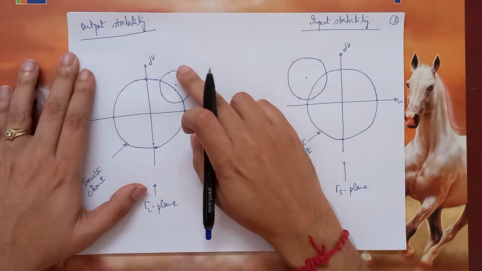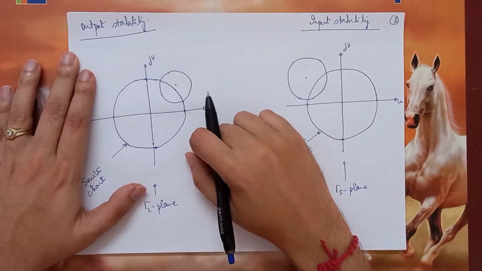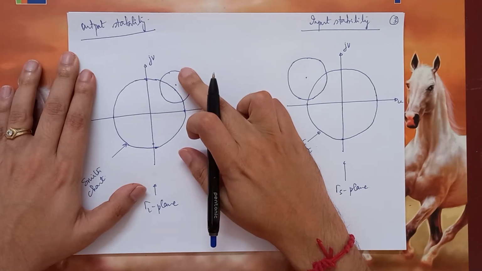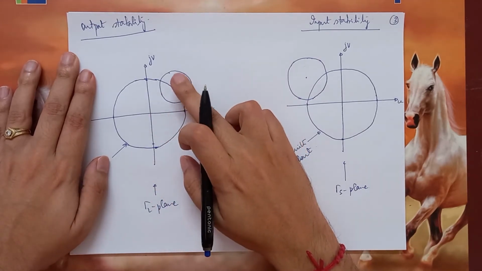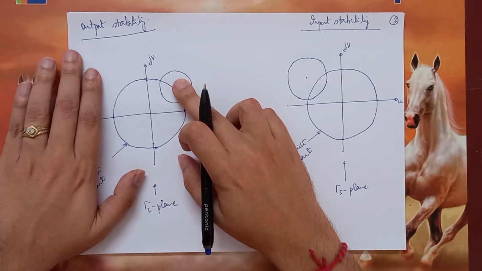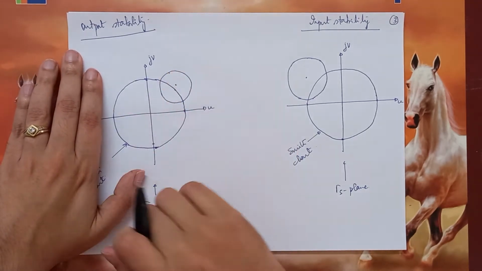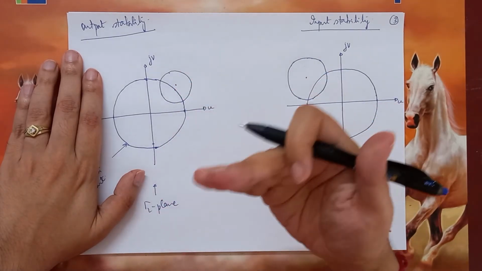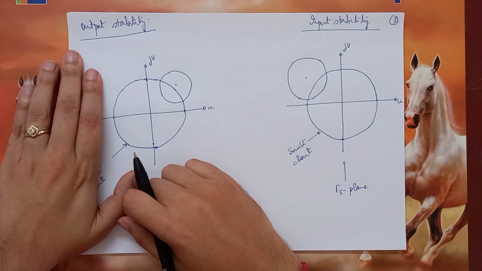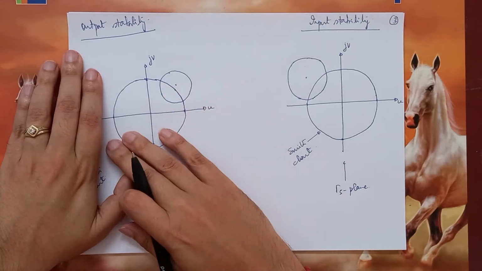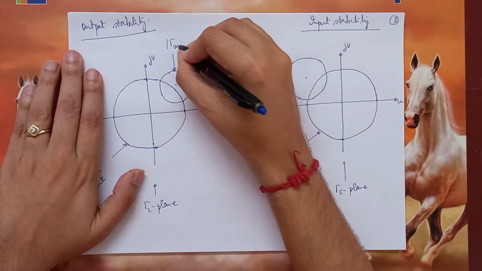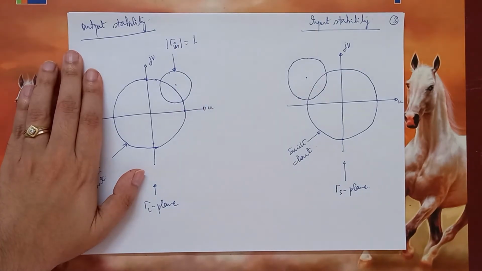Now, this circle indicates a circle on the gamma L plane with center CL and radius RL. But how did we arrive at this circle? We arrived at this circle starting from the condition of marginal stability, that is when mod gamma in is equal to 1.